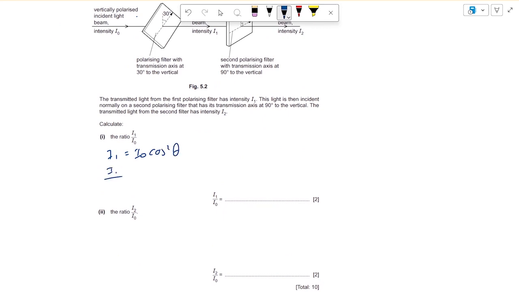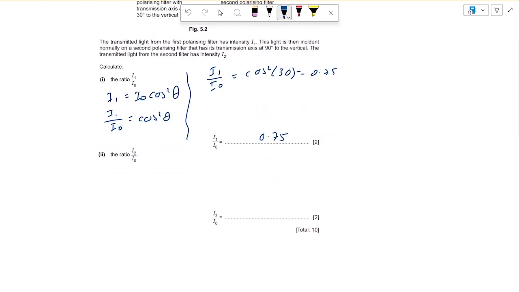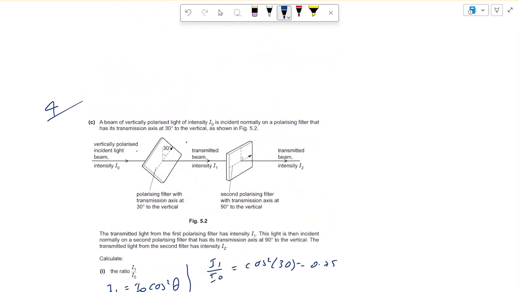I1 over I naught is equal to cos squared 30, which should give us 0.75. So for the second question, we are supposed to find the ratio between I2 and I1.